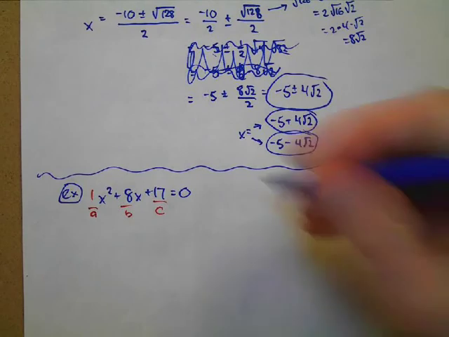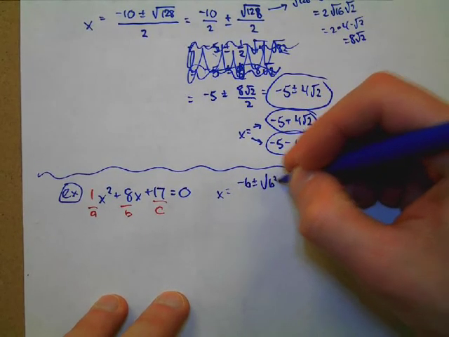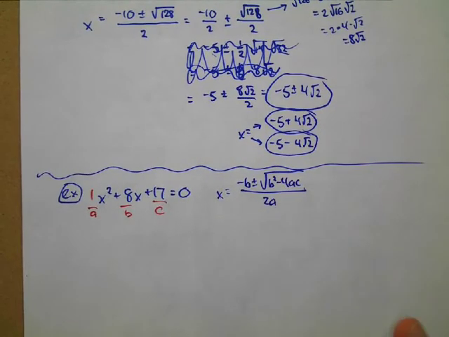So, quadratic formula: x equals negative b plus or minus the square root of b squared minus 4ac, all over 2a. I'm just writing it out for us to refer to. You don't need to write that out; you have it on your formula sheet.